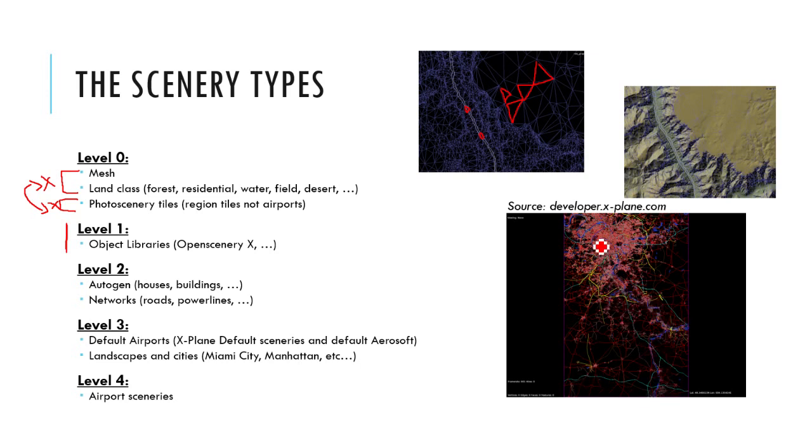Here you have the road networks, the train networks, power lines, and then the buildings. You can also have definitions of buildings in areas, saying this will be residential, this will be industrial, and it would place the autogen in those areas. So this is what I call level 2.